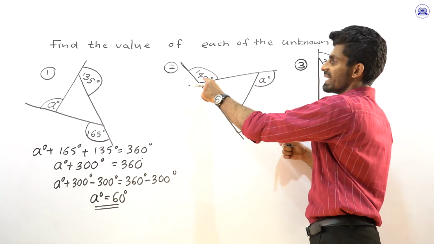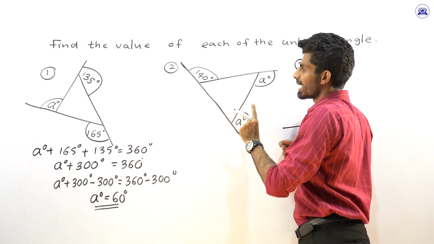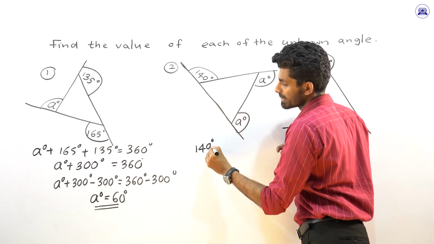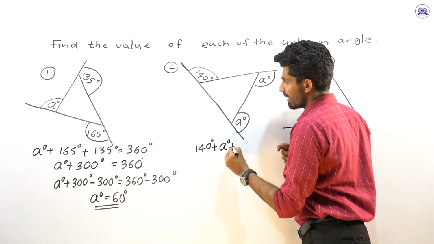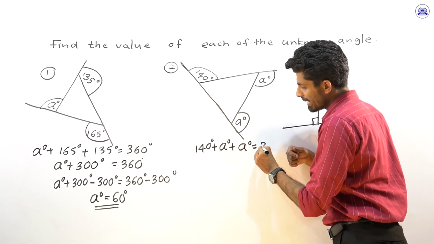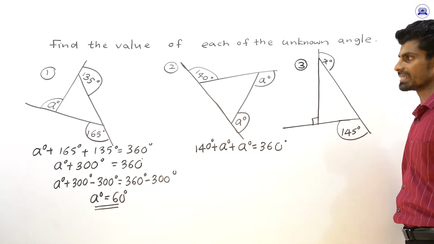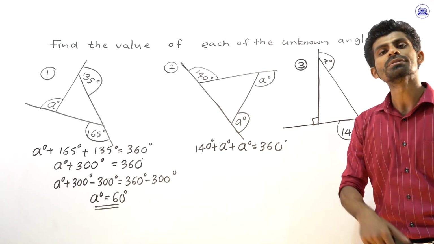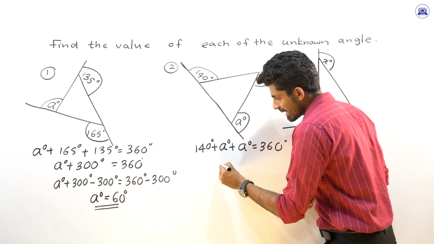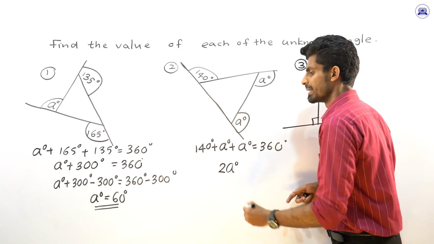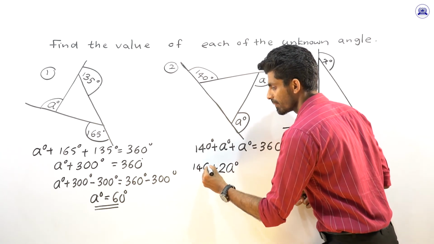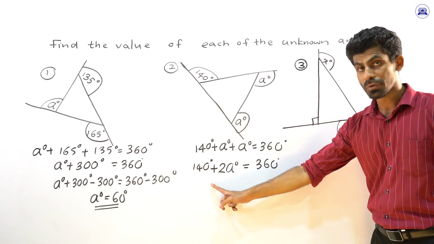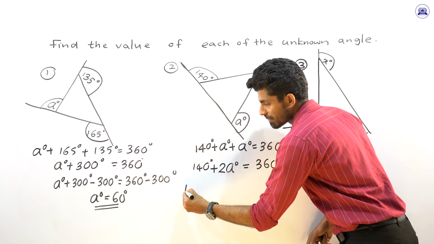Look at this one. All the exterior angles should equal 360. So 140 plus A plus A equals 360. A plus A is 2A, so 2A plus 140 equals 360. Now you need to remove that 140.